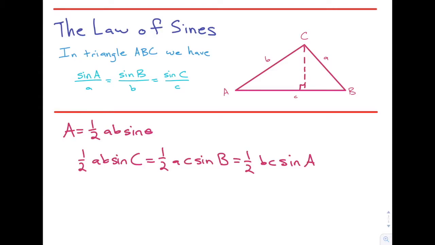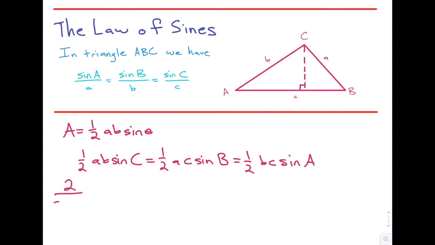And if we just multiply through by 2 for every set of equal sign, and then divide through each part in the equal signs by a, b, c, we'll get something very clean.